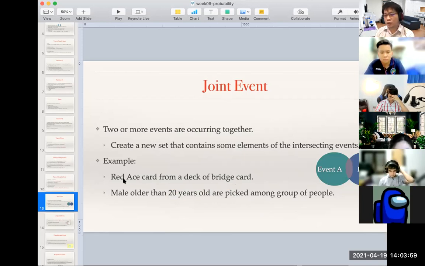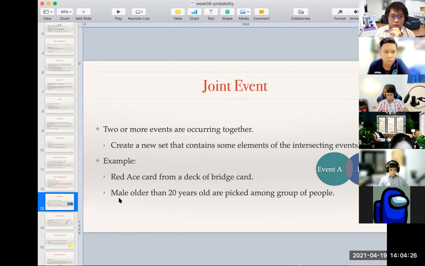If you think it through, how many red aces are there? You only have two, but they have two different characteristics. The first one is the ace of hearts, and the second one is the ace of diamonds. Even though both cards are aces, they come from different groups. The first one is from the heart cards, the other one is from the diamond cards.